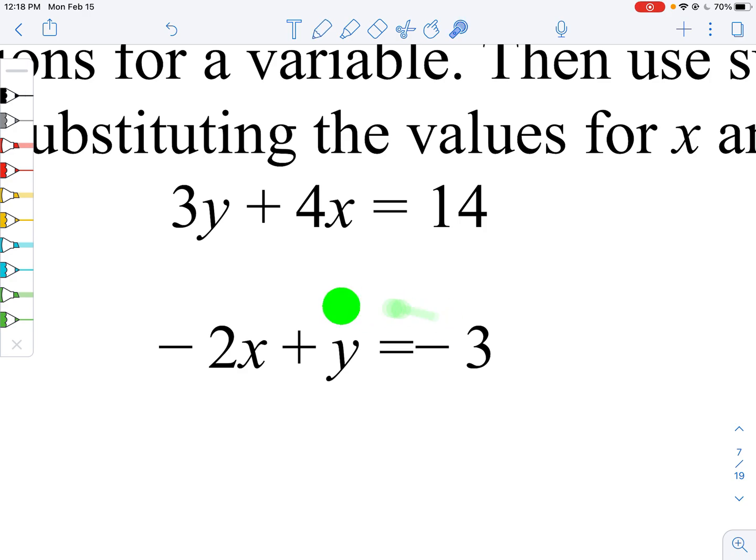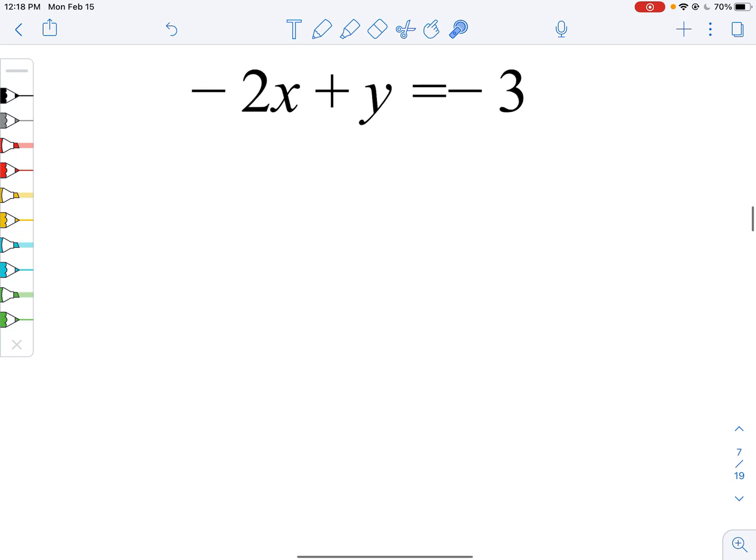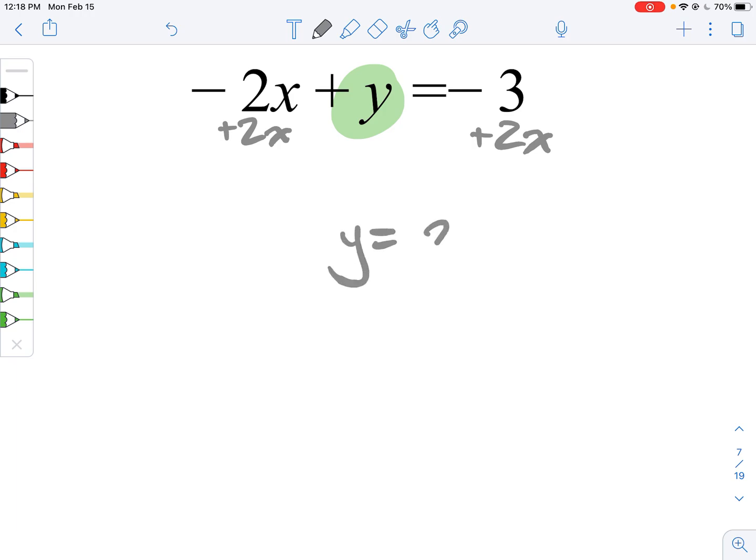But I look at this equation down here, and I can really easily solve for y. So I'm going to do that real quick. I'm going to take this equation and add 2x to both sides, because I'm trying to get y all by himself. Our x's cancel out. That leaves us with y equals 2x minus 3.